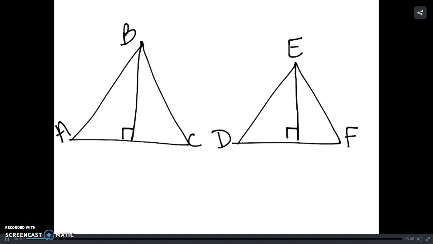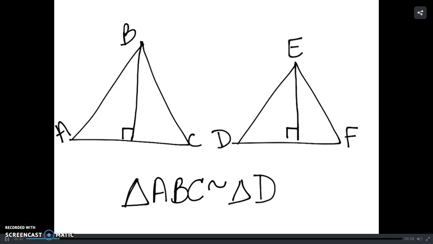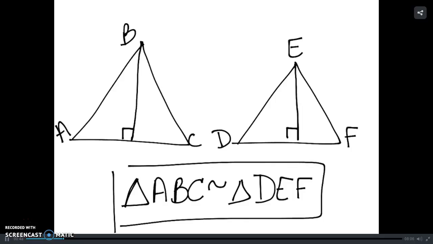And on these two triangles, we're already told that the two triangles are similar. So they will have some kind of similarity statement, or they will have written in words at the beginning, triangle ABC is similar to triangle DEF. Okay, and that's a really important first piece of information. And so then we're interested in knowing what would be the comparison or the relationship between those altitudes.